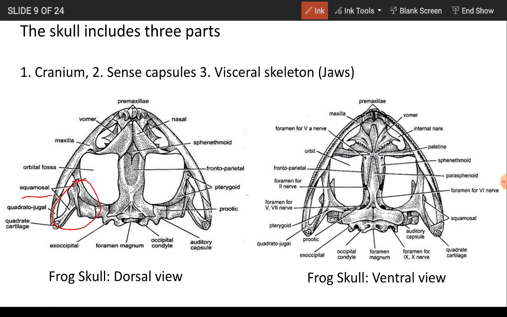and present on the dorsal side of the cranium above the pterygoids. The pterygoid bone is present on the ventral side. Just above the pterygoid you find the T-shaped or hammer-shaped bones called the squamosals.